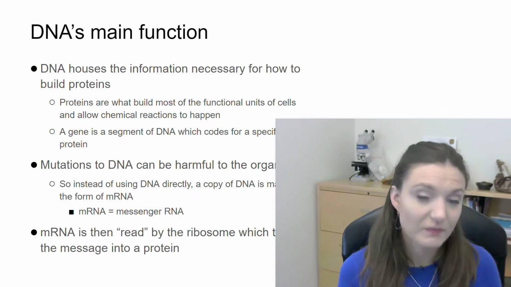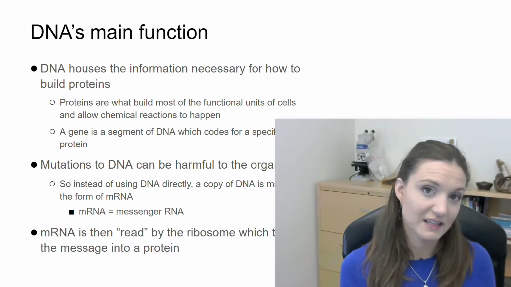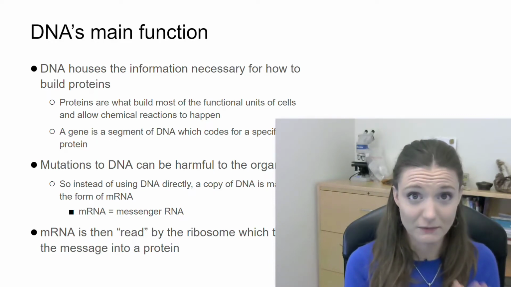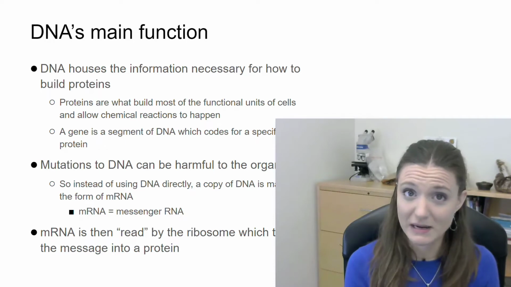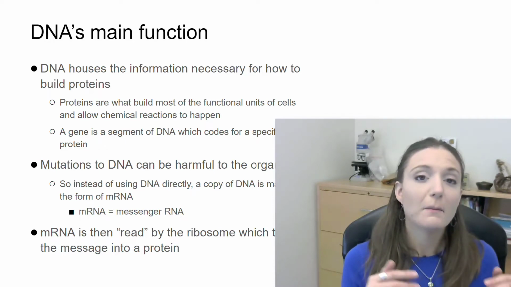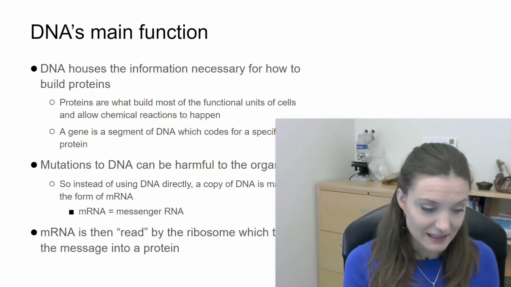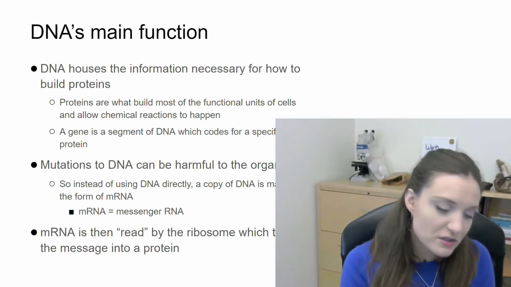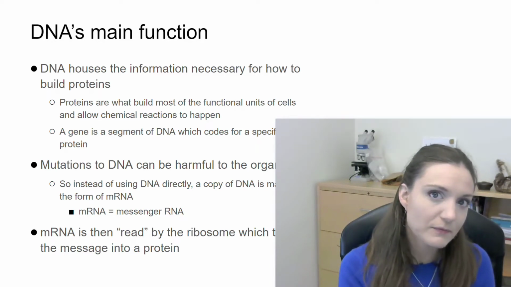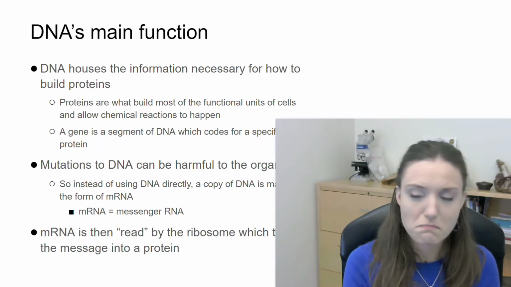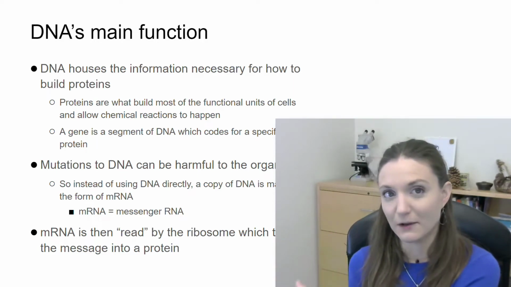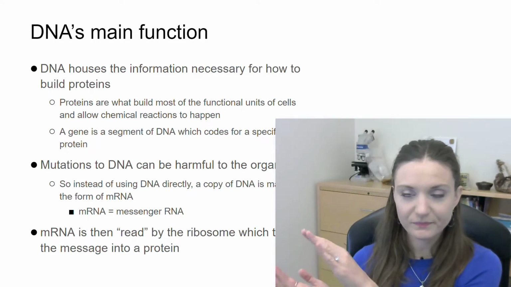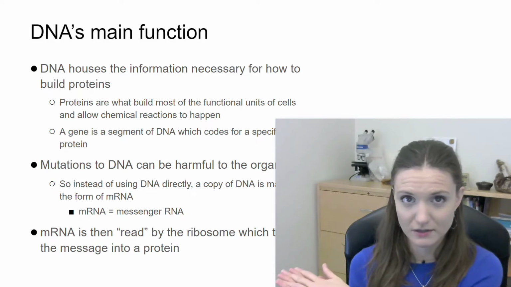So what we're doing here is, yes, we need to use that recipe that's in DNA, that information that's in DNA, but instead of using it directly, instead of reading it directly, we're going to just copy off the pieces from that recipe book that we need, and then take those copies out in order to use those as instructions.